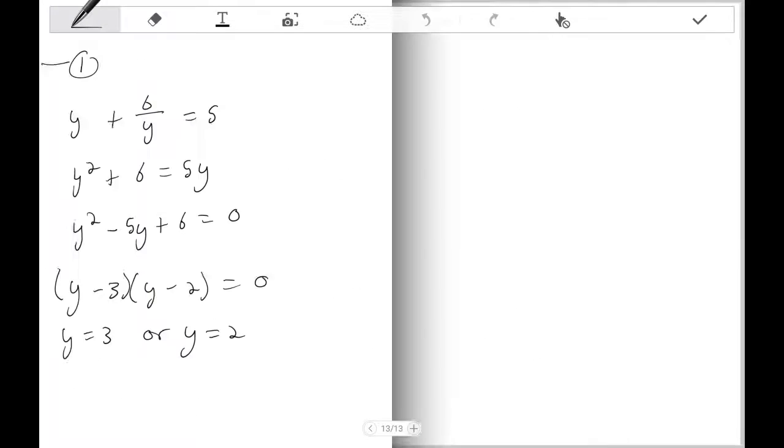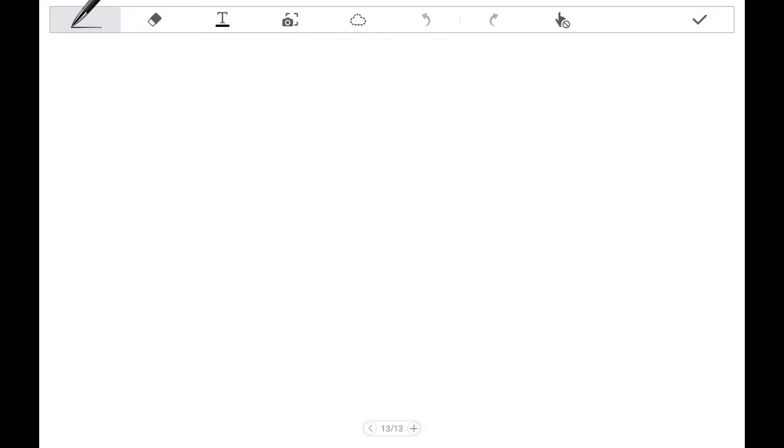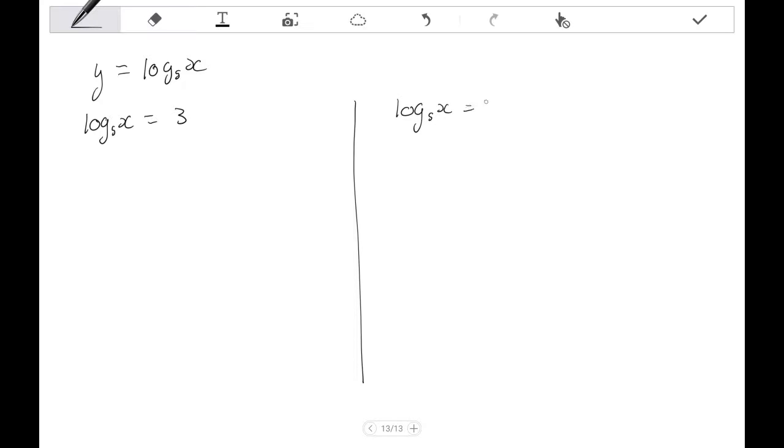Then we need to go back and realize that we said that y was equal to log base 5 of x. We can now write that in two different ways. We can say that log base 5 of x is equal to 3, and log base 5 of x is equal to 2.